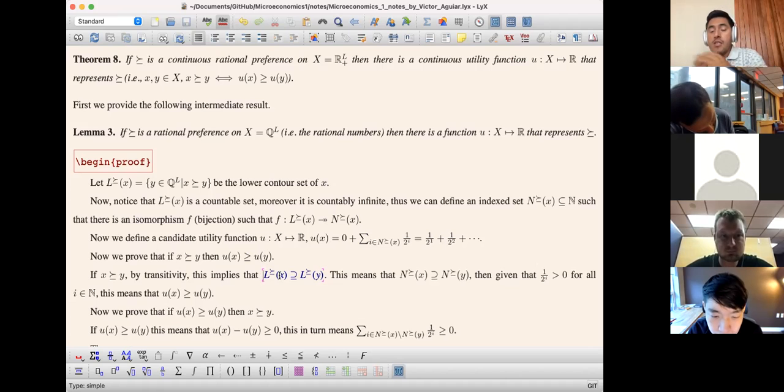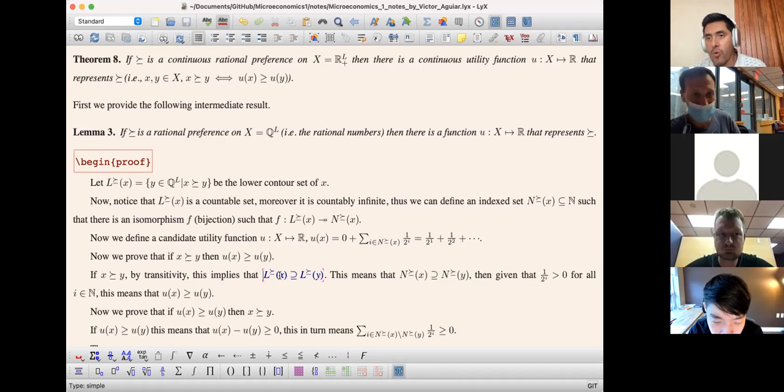Great. This means, obviously by the bijection, that the index set that I created, this n set of x, is also a superset of the n set of y. In simple English, it means that there are more elements in the lower contour set of x because x is higher up in the rank given by the preference relation.